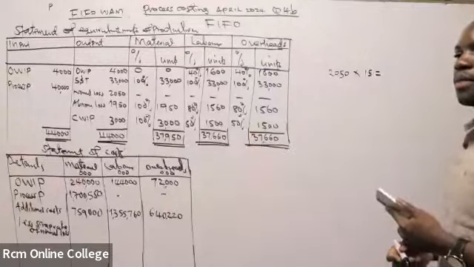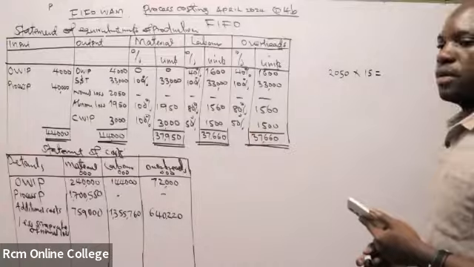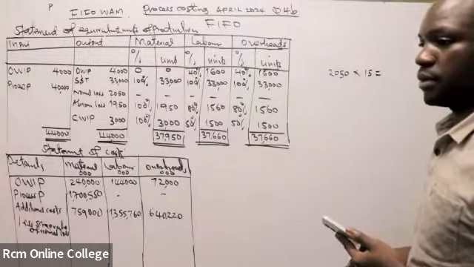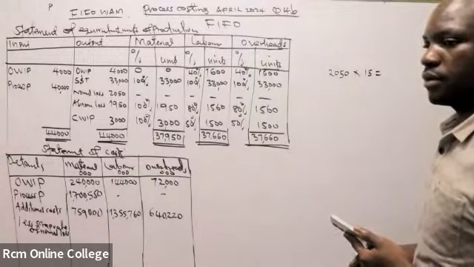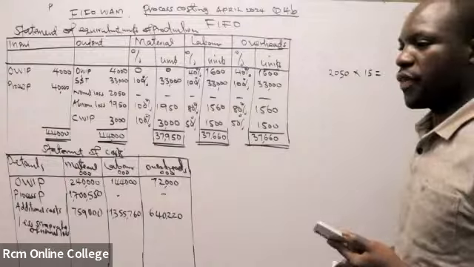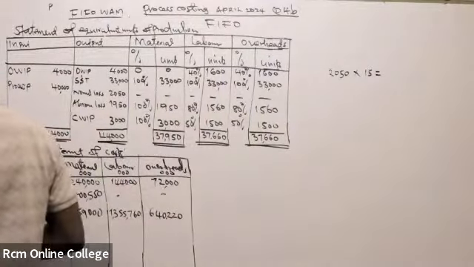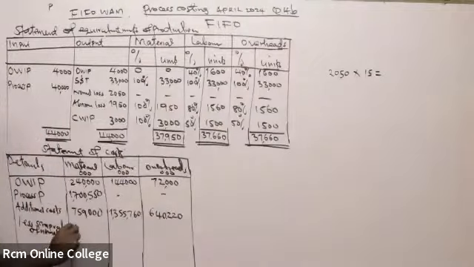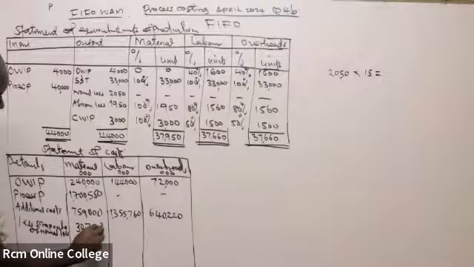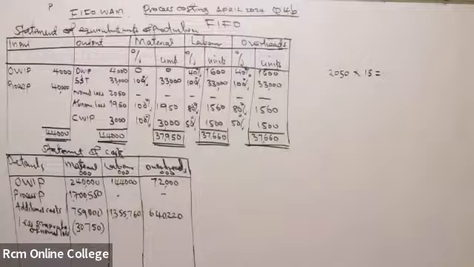How much do we get? 3750. Do we need to add or deduct? We need to less 3750. Good.